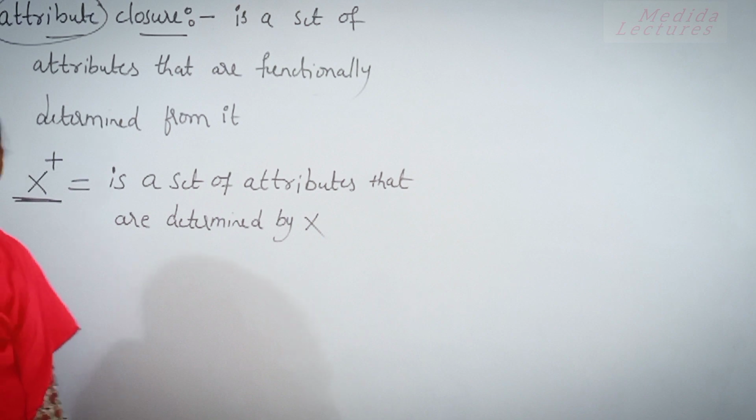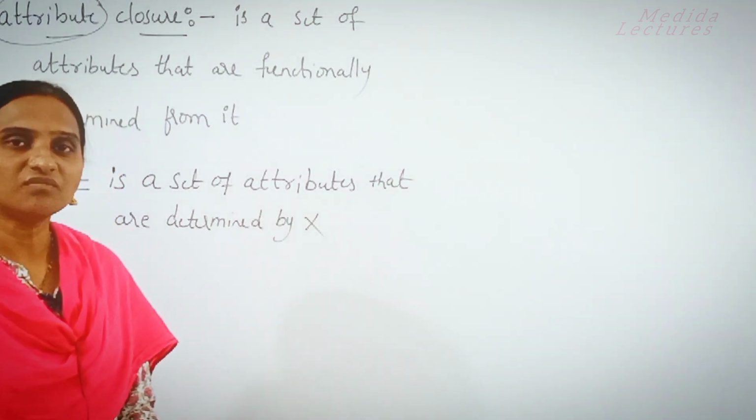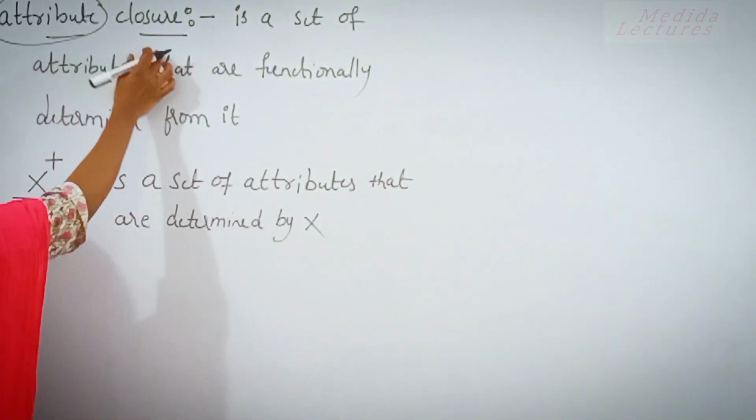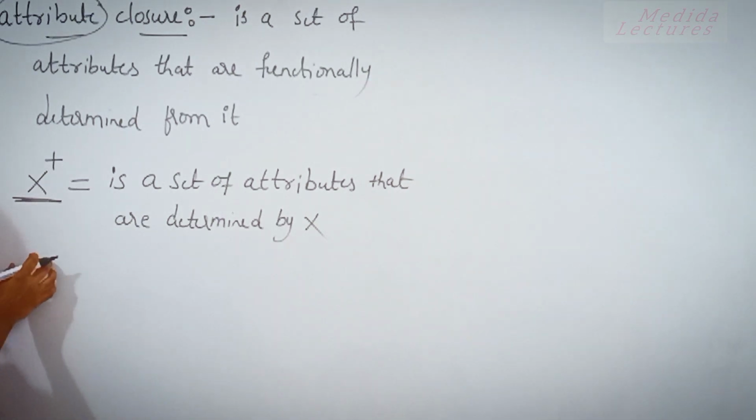If you want to find out the number of super keys and the number of candidate keys in the given relation, we need to know attribute closure. I will explain with an example, then you will get the clarity.